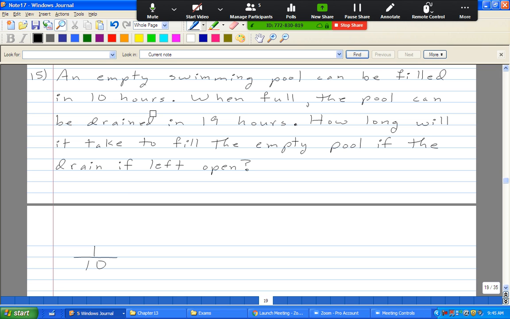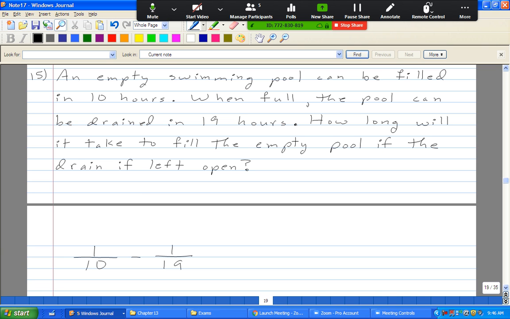Next, since it can be drained in 19 hours, 1/19 of it is drained per hour. And so it's a negative 1/19 of it filled per hour, because you're taking away from it being filled due to the fact that you can drain it completely in 19 hours.